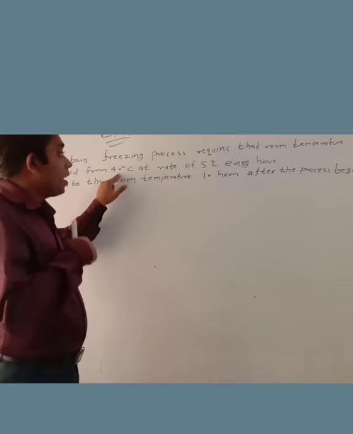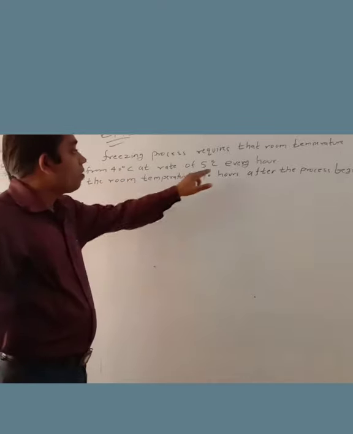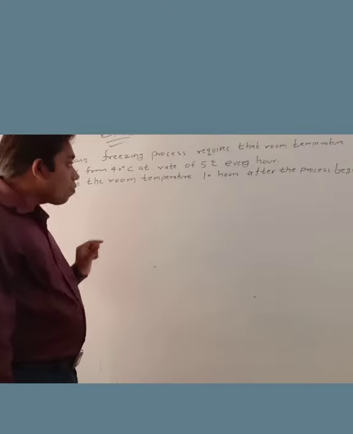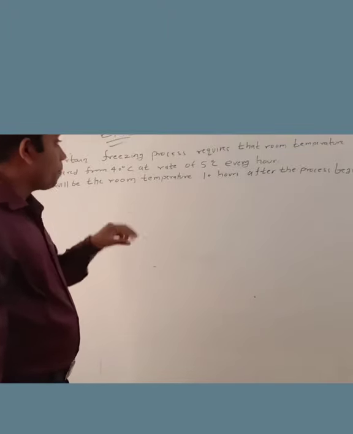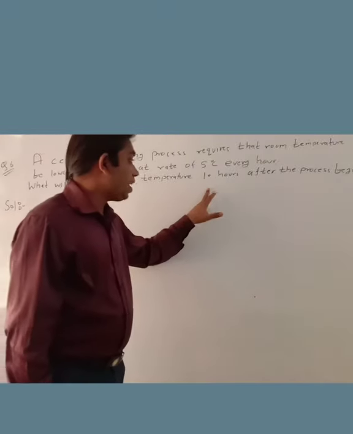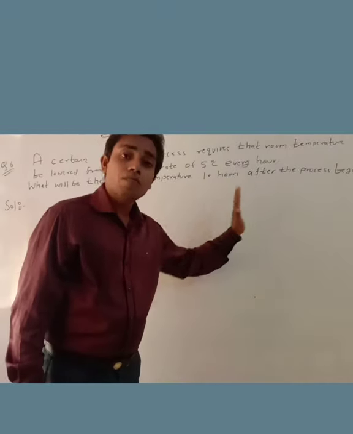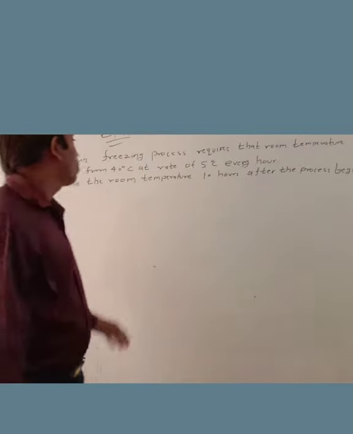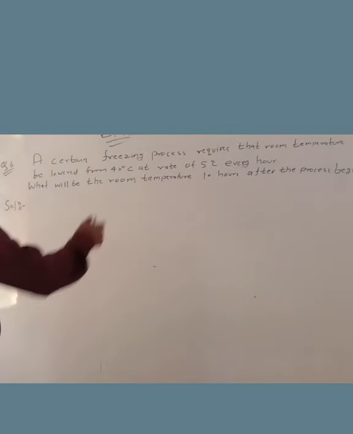Now its temperature every hour is decreasing by 5 degrees Celsius. Then what will be the temperature of that freezing process in 10 hours after the process begins? We have to find out. So what is given, my dear students?